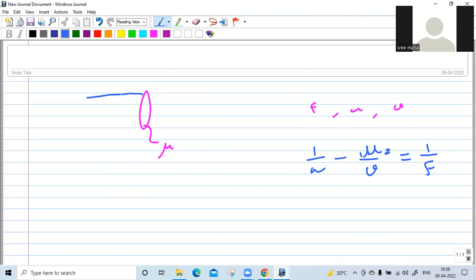And this is the direction of the incident, right? And it will go like this. So this is the positive direction, right? So U is negative, so V is positive, right? So this is the formula.